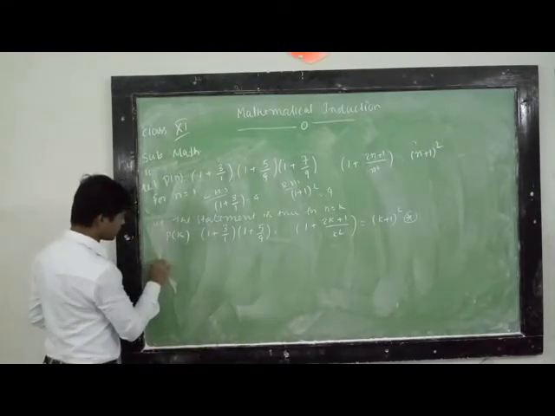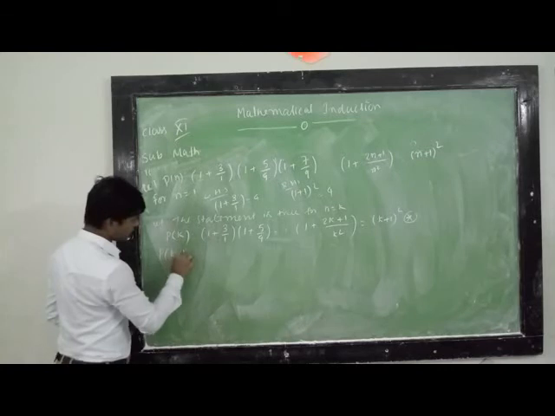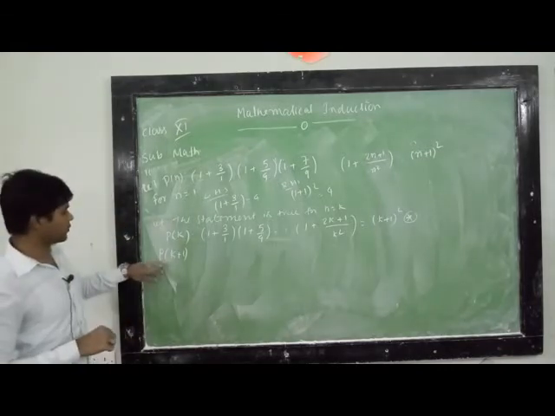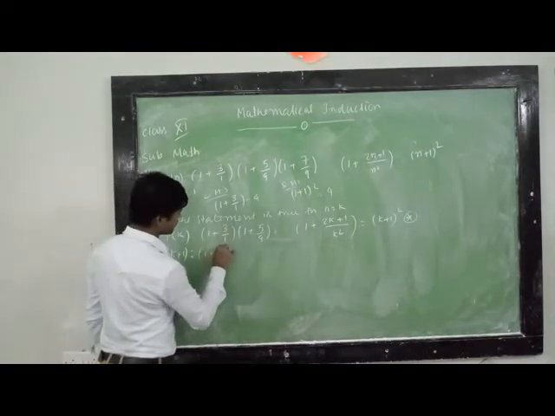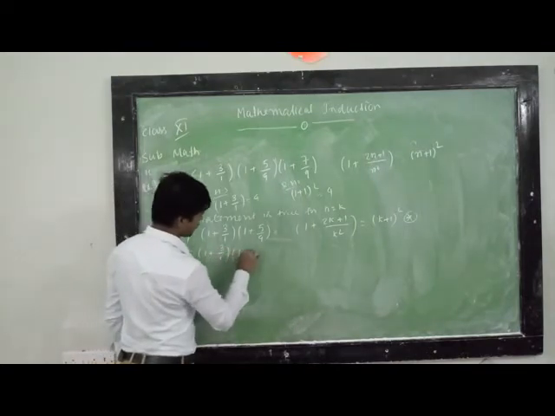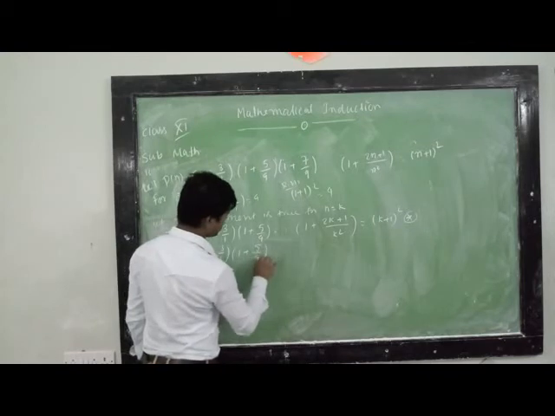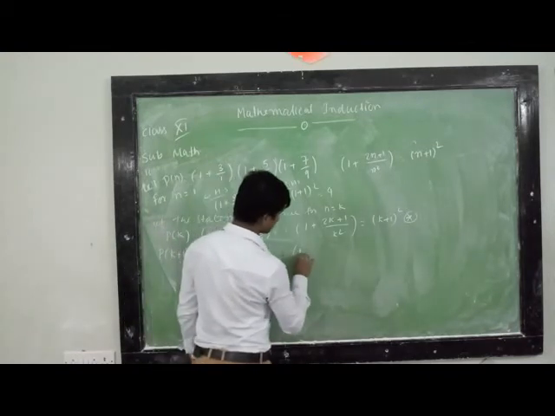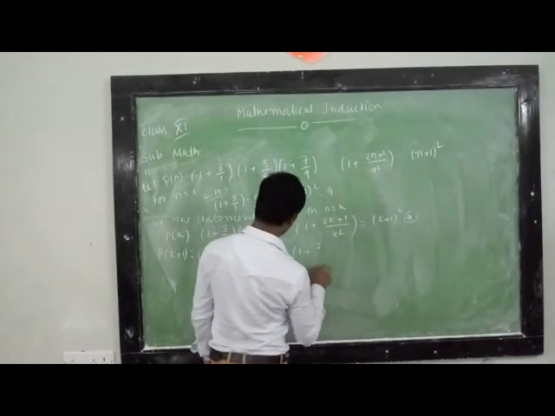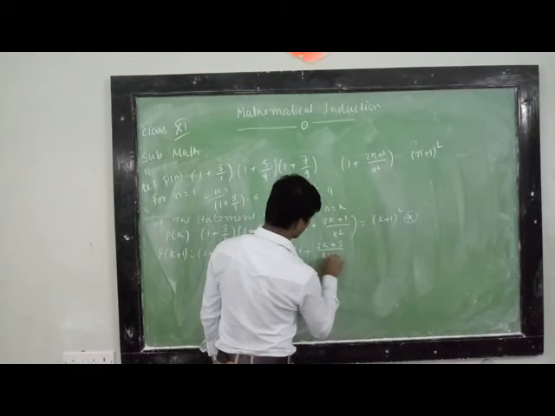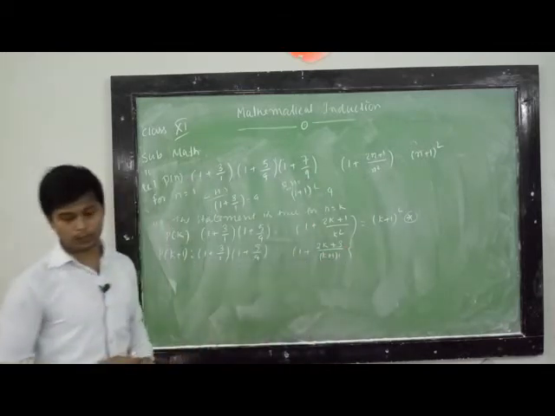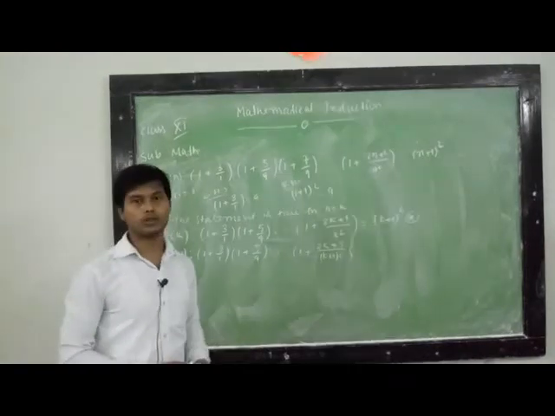Now we will consider the next expression, P(k+1), which means (1 + 3/1)(1 + 5/4)...(1 + (2k+3)/(k+1)²). If I put n equal to k+1, the last term will be that.